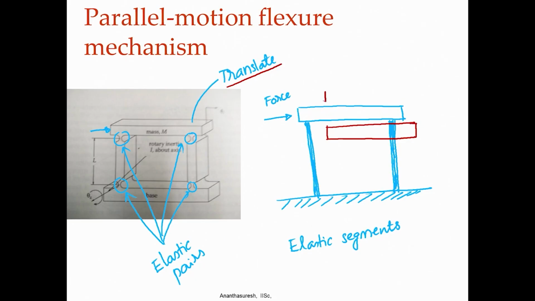So, there is some displacement in this direction and also there is some downward movement. That is what it will do. It will come down as it translates to the right, because these beams are going to deform like this. Of course, whatever I am drawing is an exaggeration. We will do finite element analysis to see how exactly it is going to look, or if you have a real device, of course you can see.